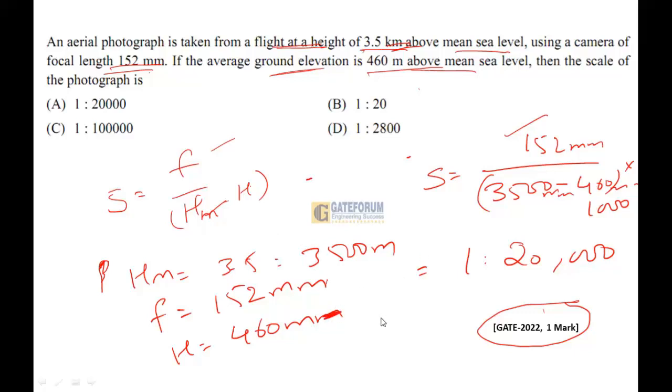So that is 152 by 3,500 meters minus 460 meters, into 1000. My answer is 1 is to 20,000 for this problem.